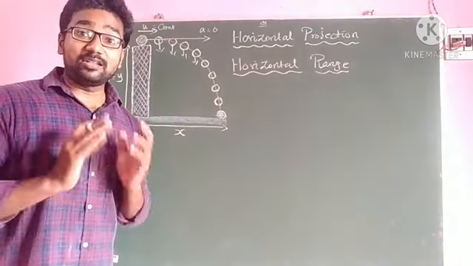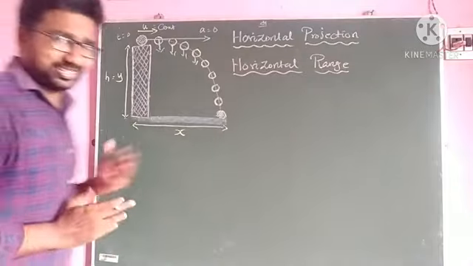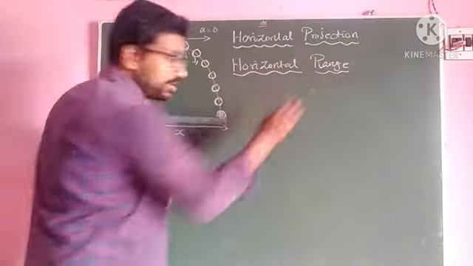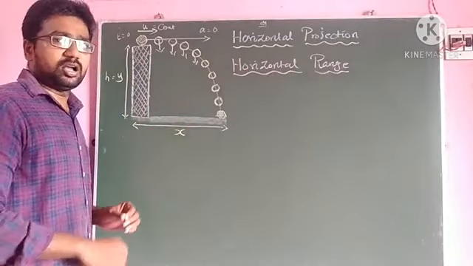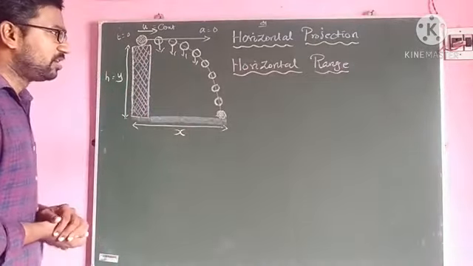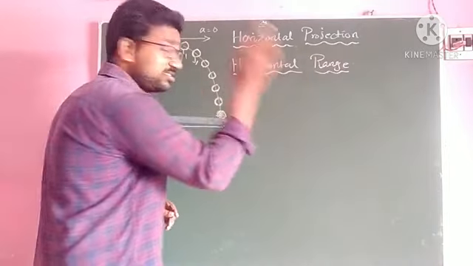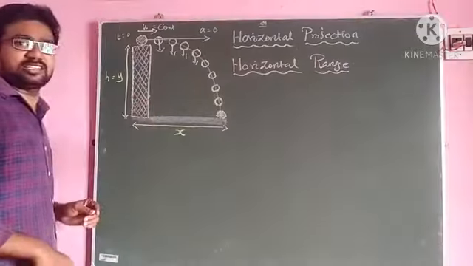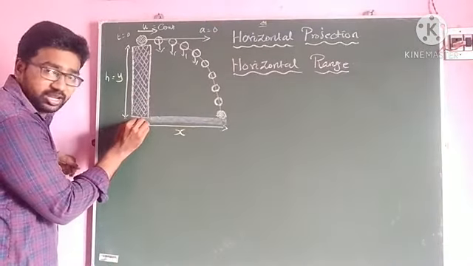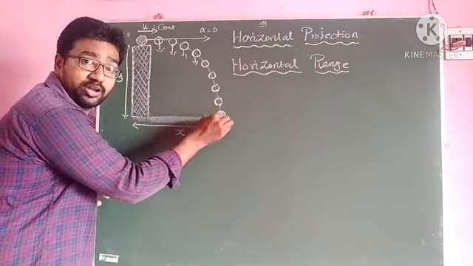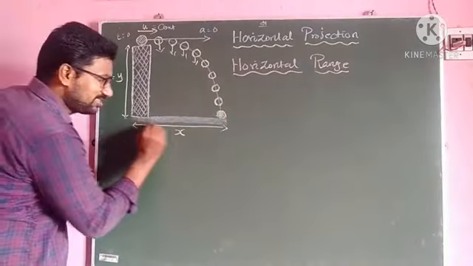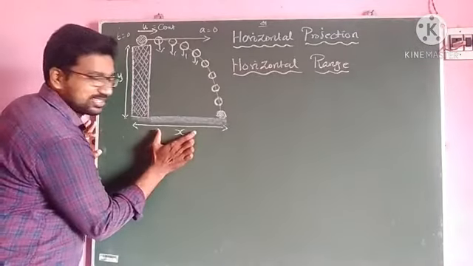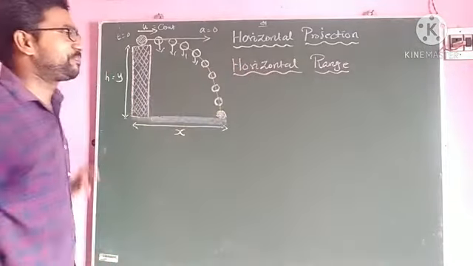Mark it down. Horizontal range. What is horizontal range? Sir, the range is nothing but the distance or displacement. The horizontal range is defined as the distance covered by the projectile from the foot of the tower to the point where it hits the ground. This is the range of the projectile. Now I am going to find the x distance, that is the horizontal range.